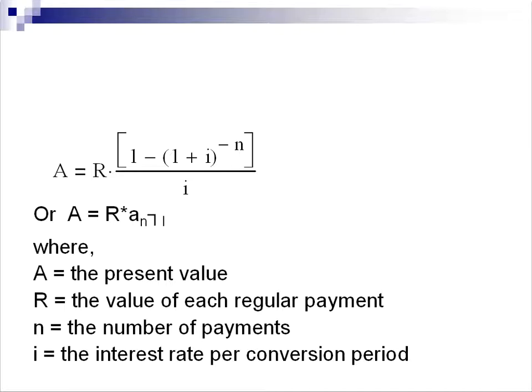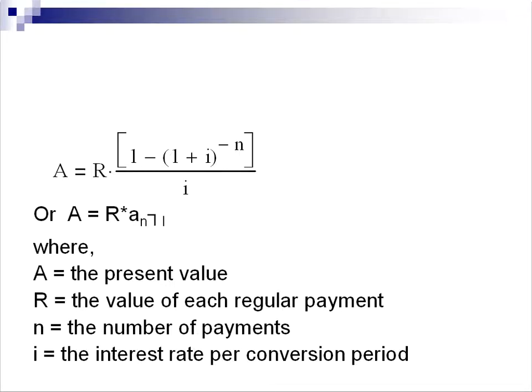If you use the tables, which you can, you would use this little formula right here, look up a certain number on the table, and multiply by the regular payments, and you would again have the present value. So you can use the tables or you can use the formula, and the result is the same.